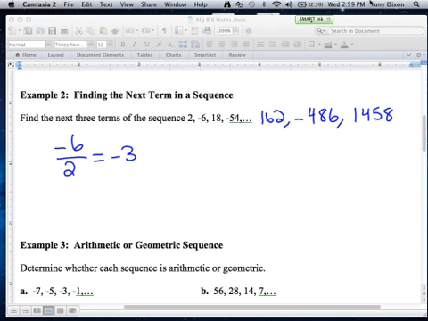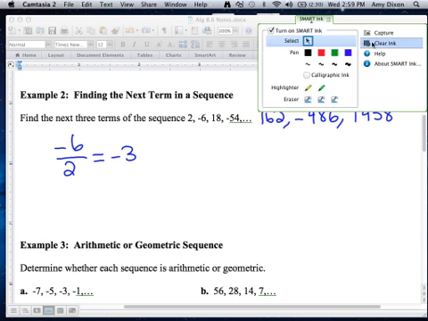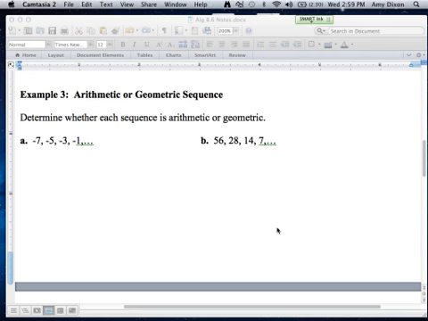Now earlier I brought up our arithmetic sequences that we talked about a few months back. And so now we're going to try to figure out if something is an arithmetic sequence or if it's a geometric sequence. In order for something to be a geometric sequence, the ratio for every number has to be the same.